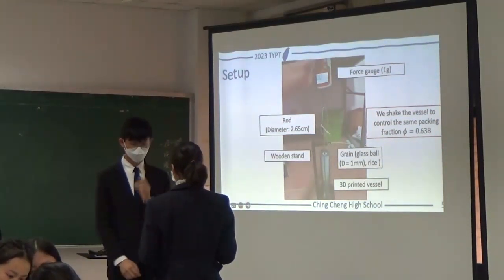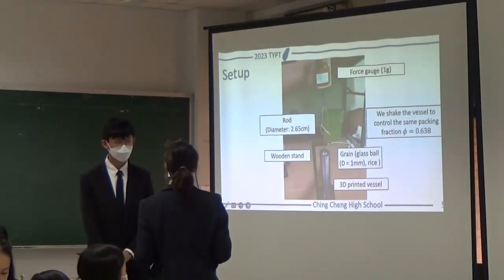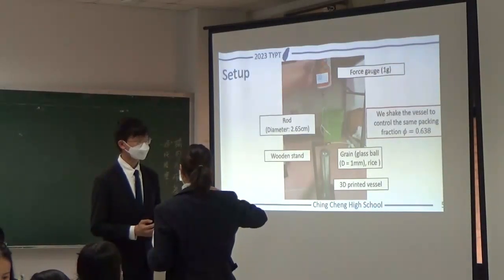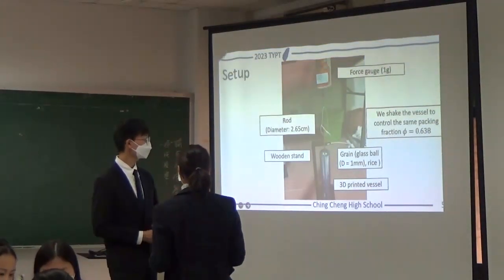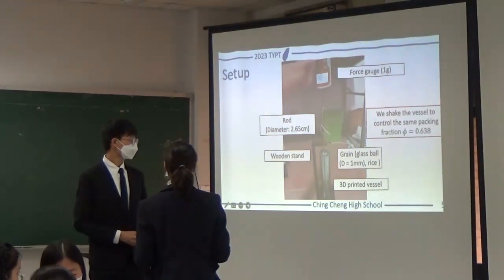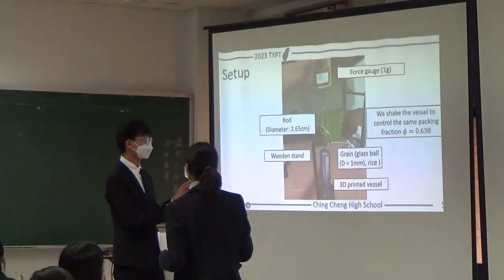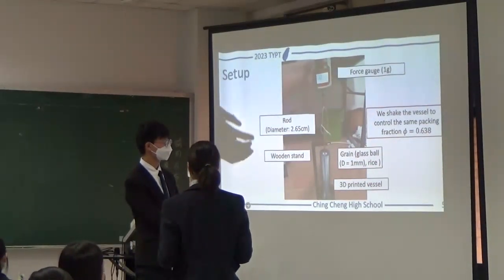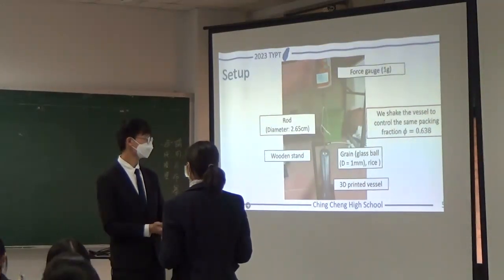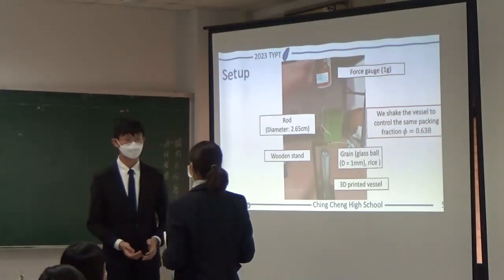So, do you agree that the velocity of rice pouring into the tube affects the result? You say the velocity when you pour the rice into the tube? Yeah. But I think the final result is that you use the granular material to stuff the space in the vessel, so I think the pouring velocity won't affect the experiment much.